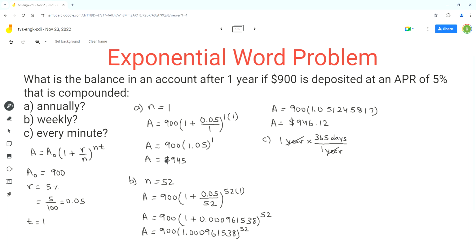And we know 1 day has 24 hours. We keep the day unit in the denominator because we want to cancel it out. And 1 hour has 60 minutes.